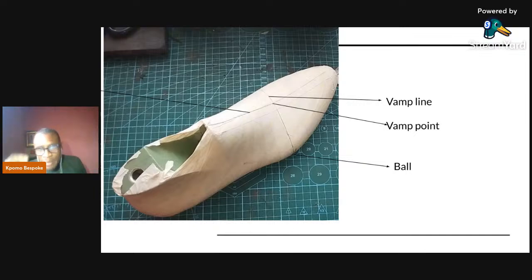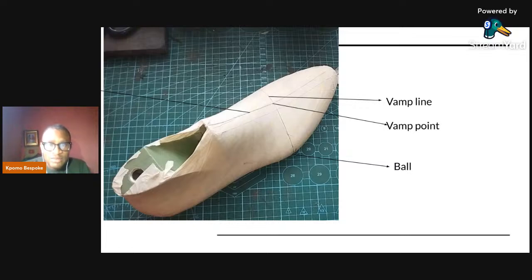Now, you remember that we said, if we are applying the rule of quarters that we just talked about in about 2 or 3 slides ago, things that run from back to front or from front to back are measured as 1/4 of the last length. So there's another point on top of this center line called the instep. And since it is running from front to back, we'll simply measure it from the vamp point as 1/4 of the last length.